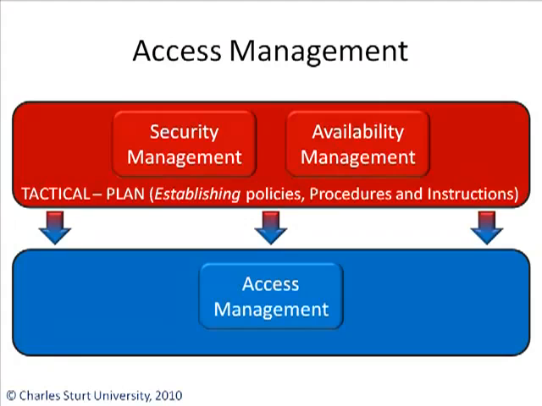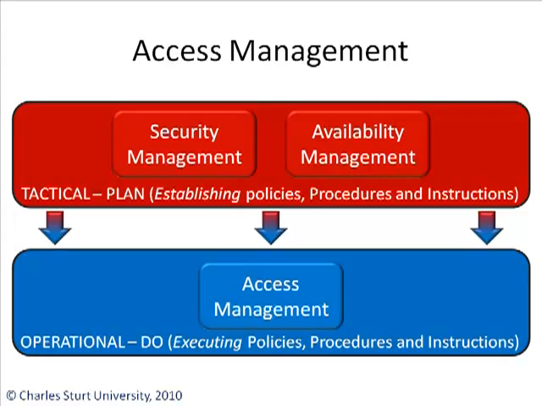Access management is really executing those guidelines, the policies, procedures, and instructions. They just do what they're being told. It's a bit like security management and availability management are where the laws are written, where the police force at the level of access management reinforce the law. They don't make up the law, they just reinforce the law. That's a bit like access management.